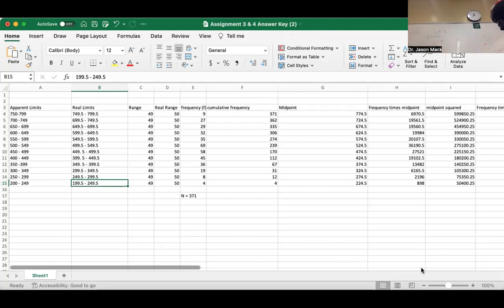So 249 minus 200 is 49. 299 minus 250 is 49. All 49 across the board. So they're 49 across the board for the range for each one of those.